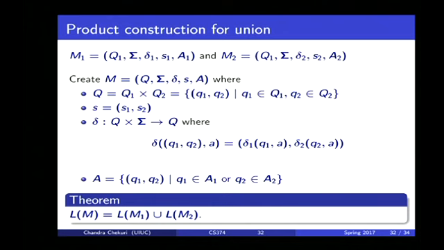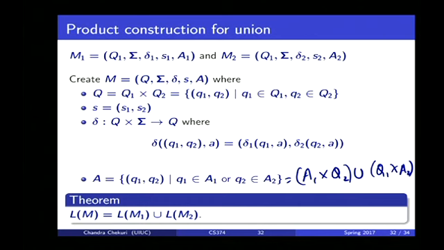Either Q1 should be in A1 or Q2 should be in A2. And the mathematical way of writing this is A1 times Q2 union Q1 times A2. This is just the definition. The fact that these two are equal is just symbol manipulation.